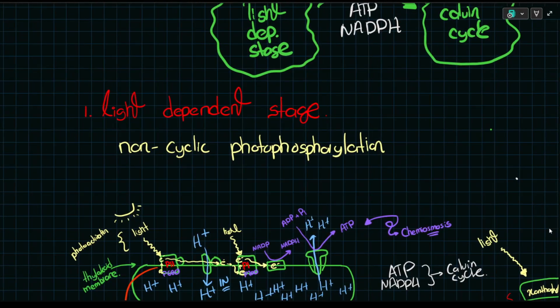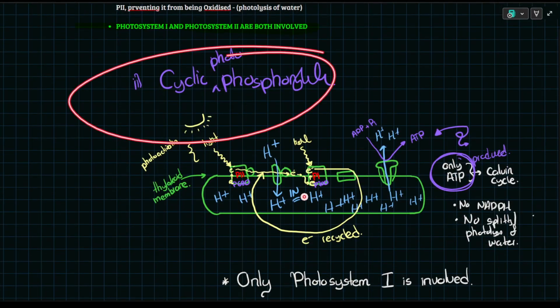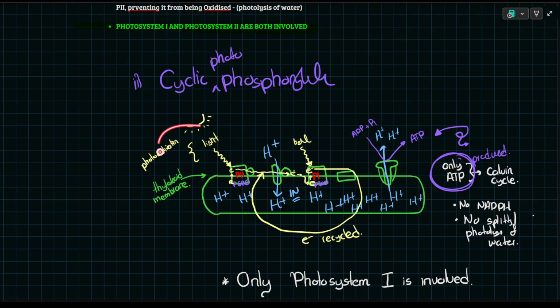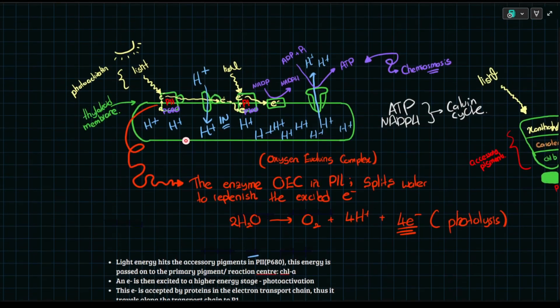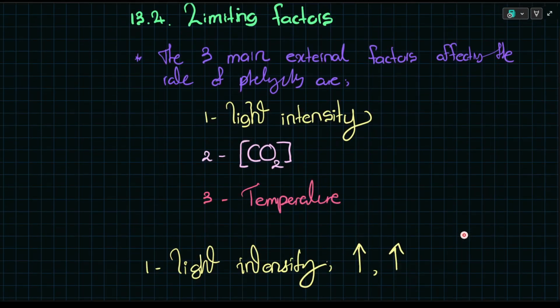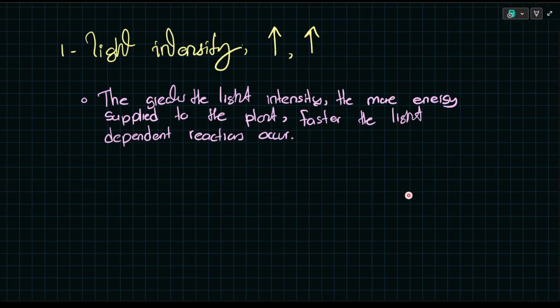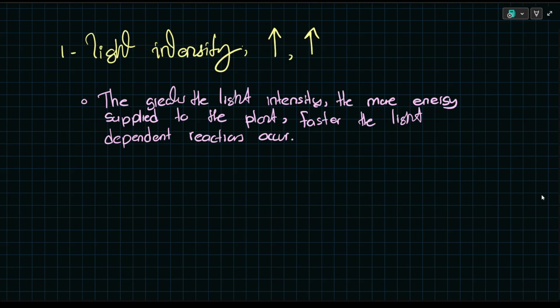What do we mean by the light dependent stages? Non-cyclic and cyclic photophosphorylation. You see, this hitting of light and subsequent photoactivation happens a lot. Happens faster, more frequent, with more energy. Therefore, we will have an overall faster light dependent stage.